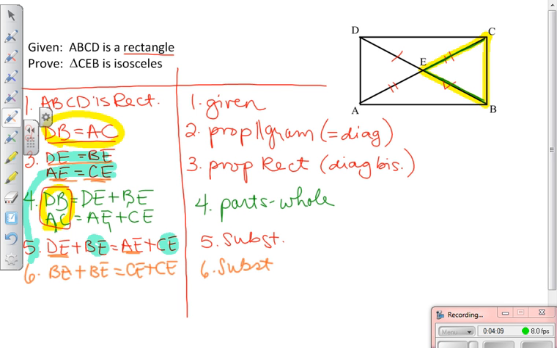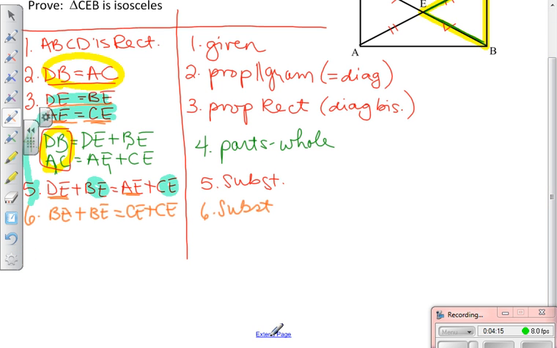Now at this point, I'm really going to do a little bit of algebra. If I have BE and BE, I really have 2BE plus 2CE, and that's really addition or combine like terms.